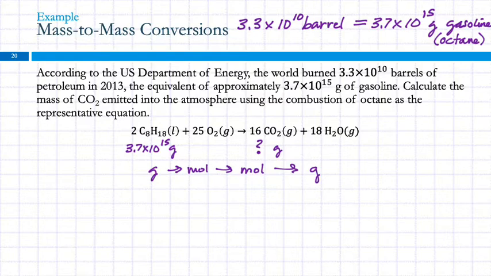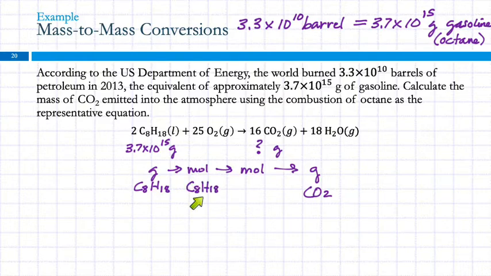Well, what chemical do I have a mass for? Octane, right? So I'm starting with grams of octane, and what am I trying to find the mass for? CO2. So I want to end up with grams of CO2. So I can convert grams of octane to moles of octane.